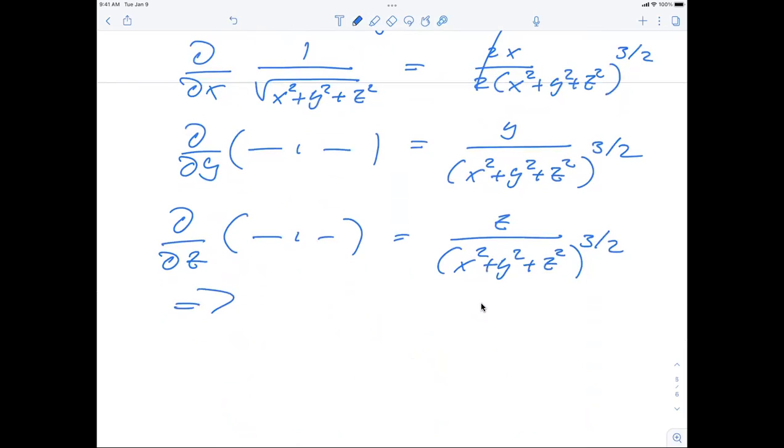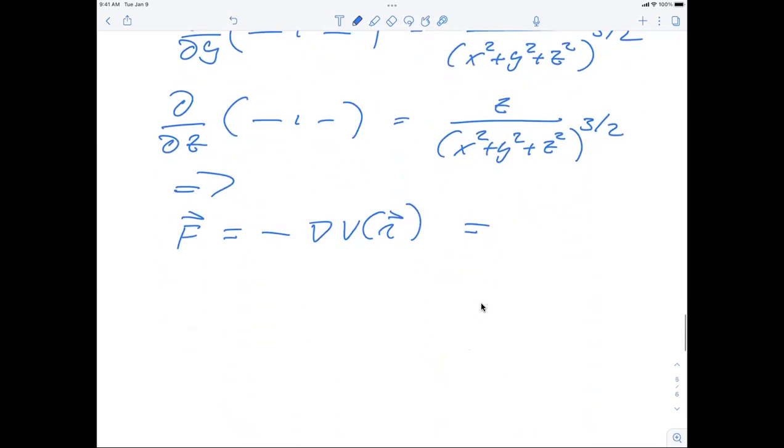This quantity f, which is equal to minus del of v of r, becomes equal to minus gamma, and then x times i divided by x squared plus y squared plus z squared to the power of 3/2.